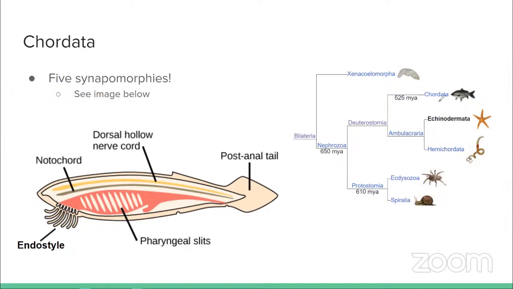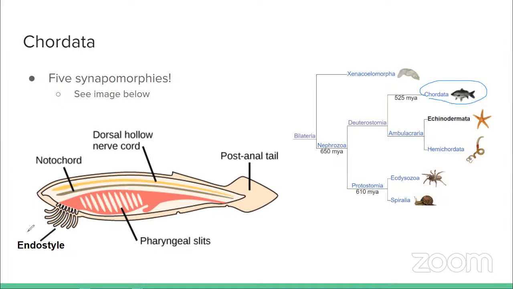We're going to start by talking about our chordates, phylum Chordata. When we're talking about chordates, of which we are an example, they're going to have 5 synapomorphies. So our common ancestor had them, and we see them in all our modern groups.